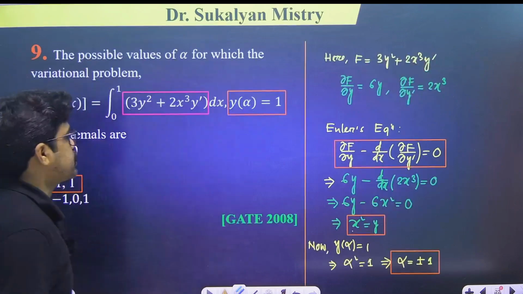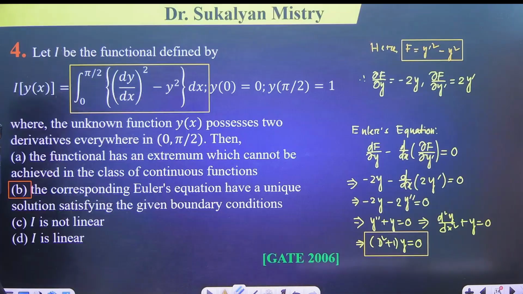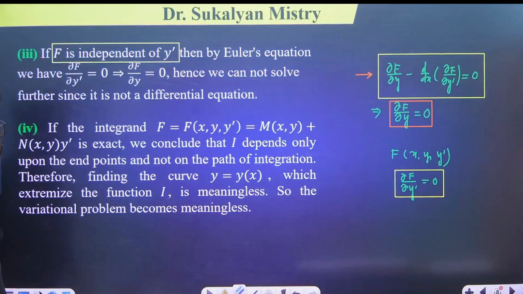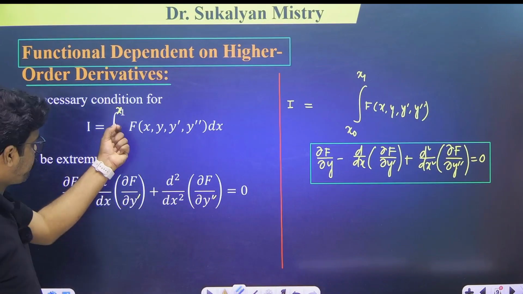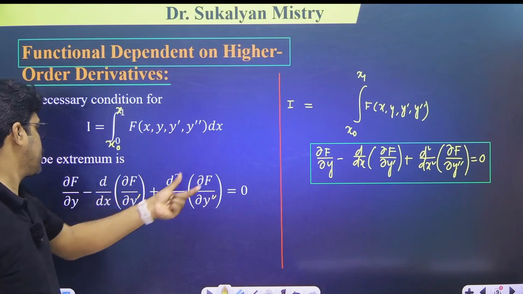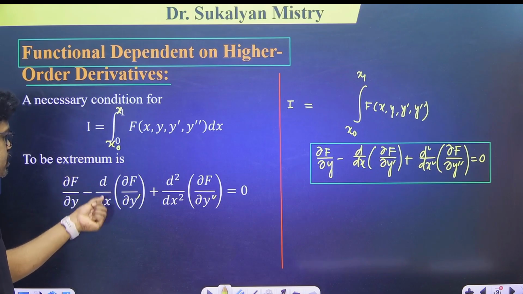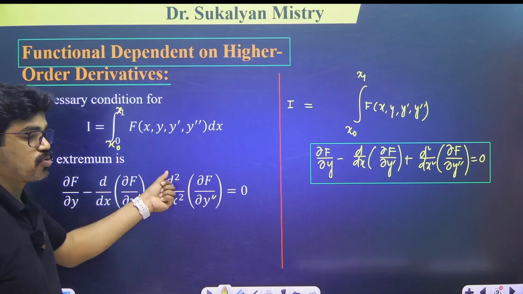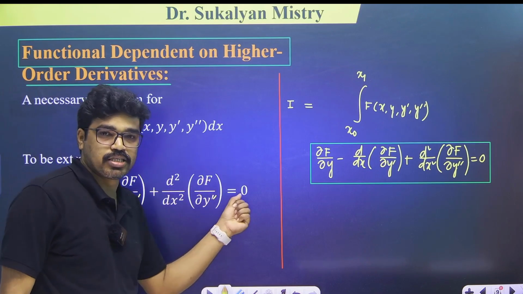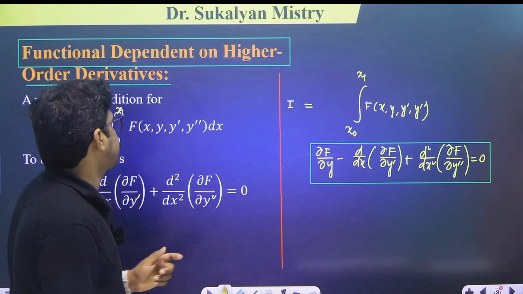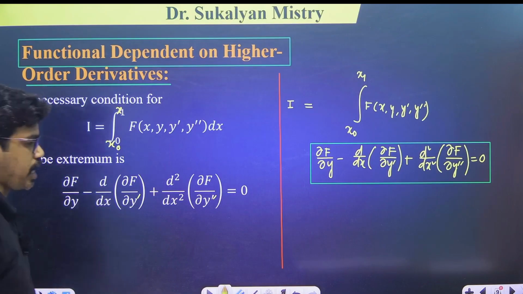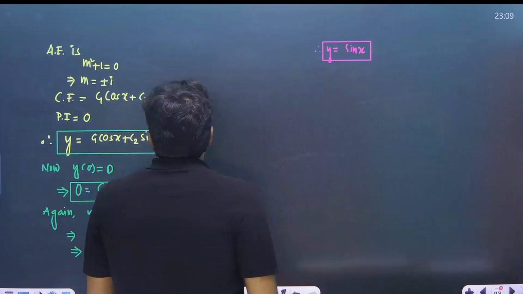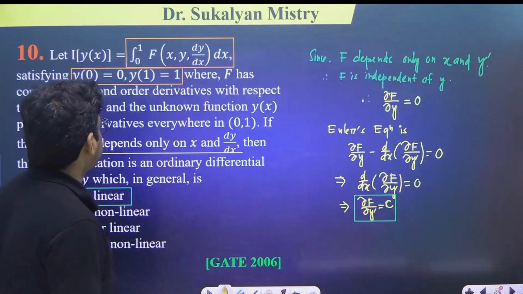Okay, the necessary condition for the functional integration x0 to x1, f is a function of x, y, y dash, y double dash dx, is that del f del y minus d/dx of del f del y dash plus d2/dx2 of del f del y double dash is equal to 0. That is for a functional depending on higher order derivatives. So we apply this formula, right? Okay, clear?